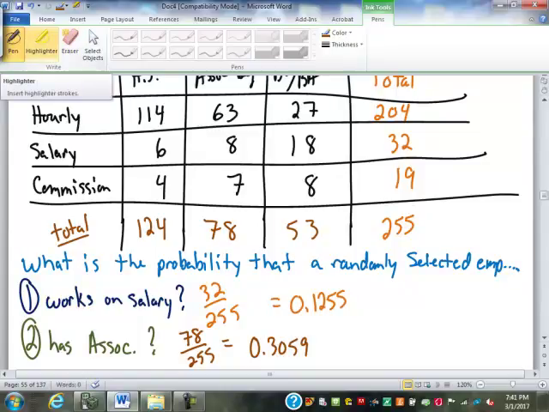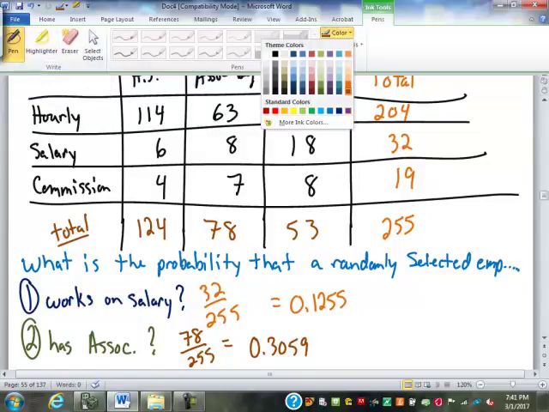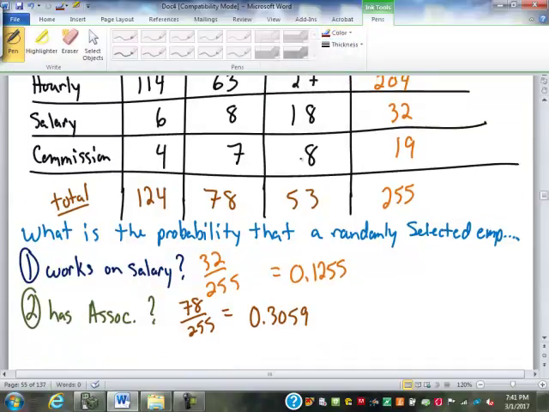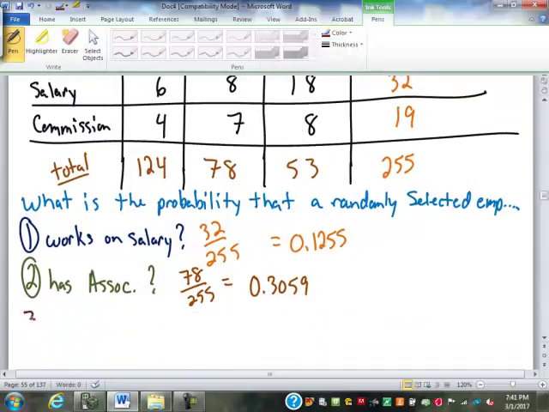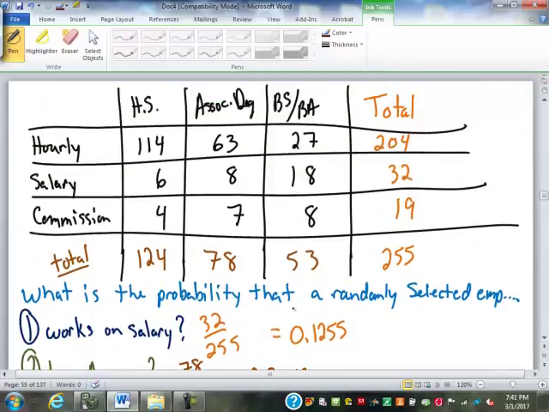Yep. So now let's look at another possibility here. What is the probability that a randomly selected employee has just a high school education and works on salary? Well, if we go up here, high school education is right here.